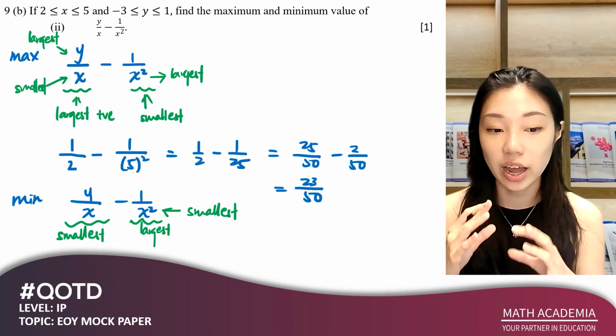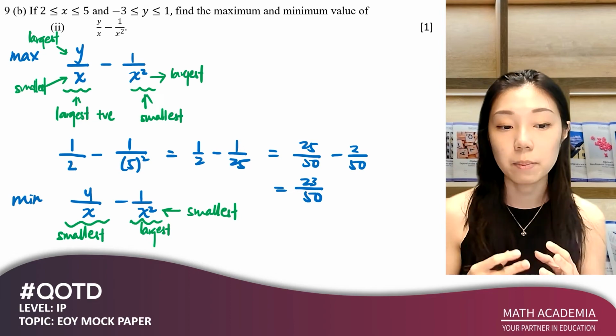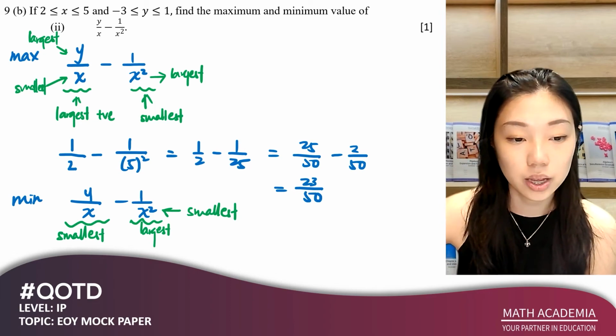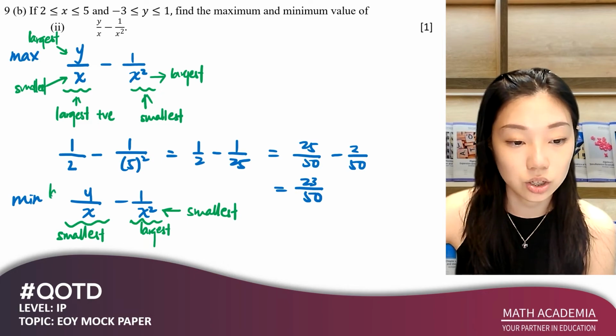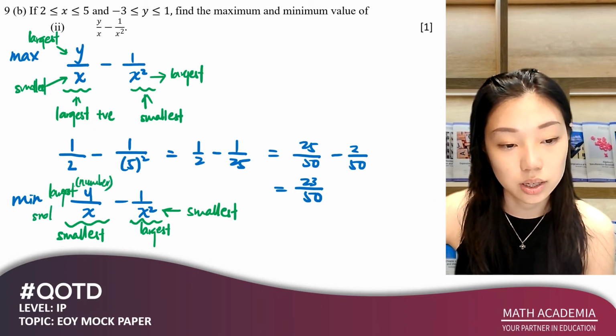As long as my y over x is negative, how do I go about doing this? If I want my fraction to be as large as possible in number, I would make my y the largest in numerical, and my x the smallest.